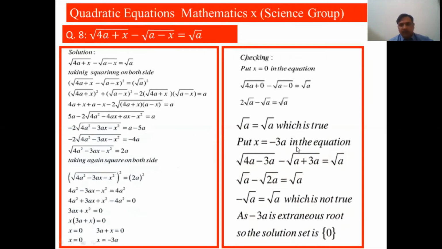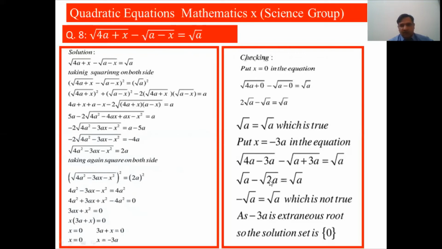Now put x is equal to minus 3a in the given equation. So when we put this, 4a minus 3a gives a, and a minus, this is 4a.